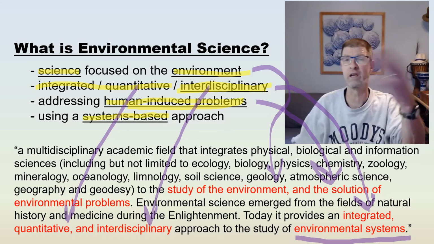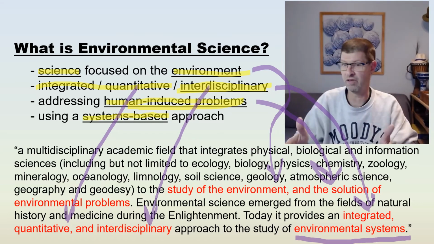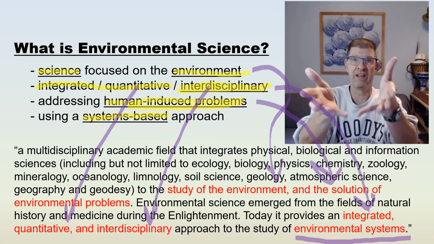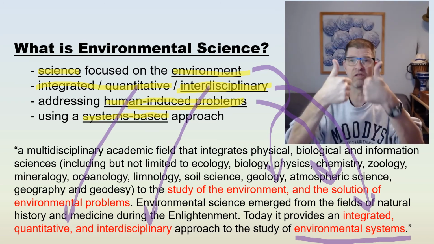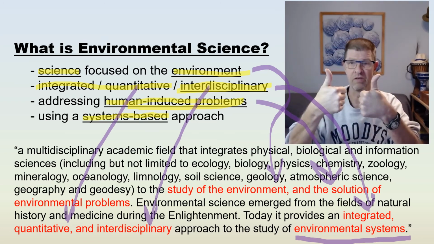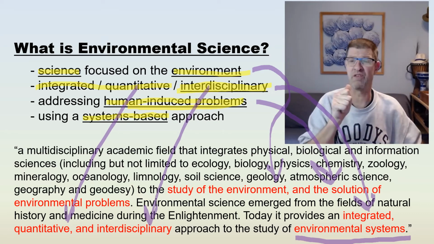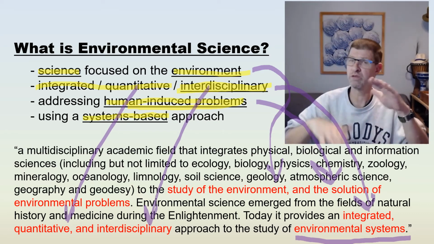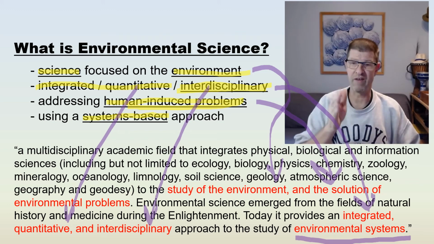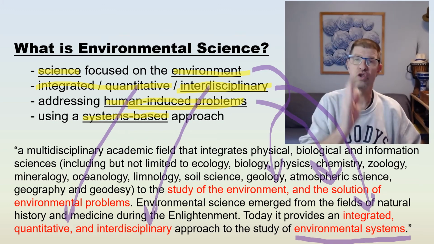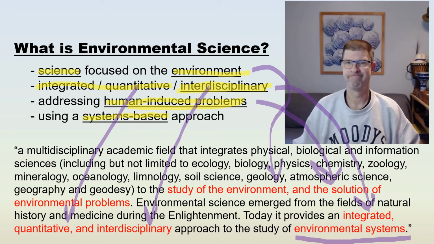Sorry, I just scribbled everywhere, but I want you to see that this definition and this list basically contain the same components. All right, so interdisciplinary is very important. Systems-based, which we'll talk more about, very important, and the fact that we're addressing human-induced problems.